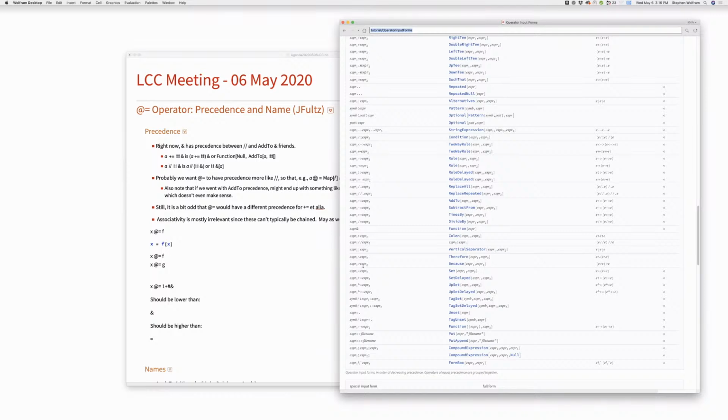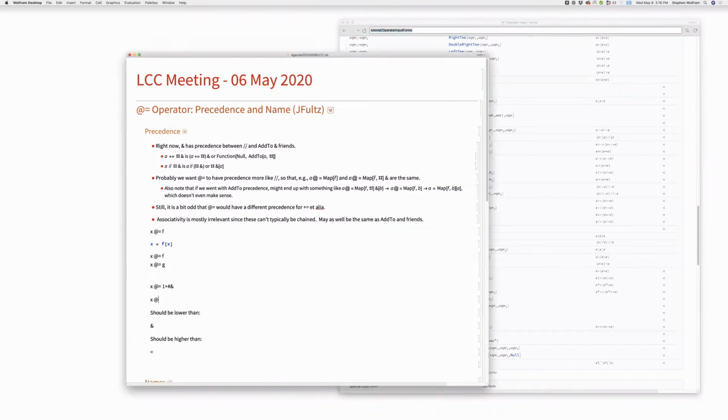So the only things that we can... slash-slash is an important one. Let's talk about that case. We've got x at-equals f slash-slash g. I think it'd be nice to be lower precedence than slash-slash.